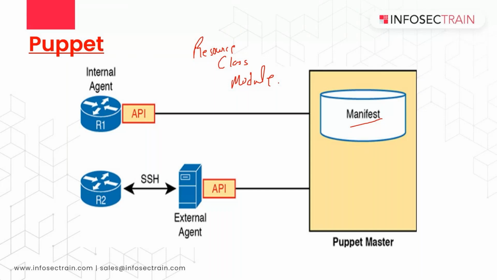Then there are templates as well, right? So using a Puppet domain specific language, these files allow Puppet to generate manifests and modules, classes, and resources by substituting variables into templates.